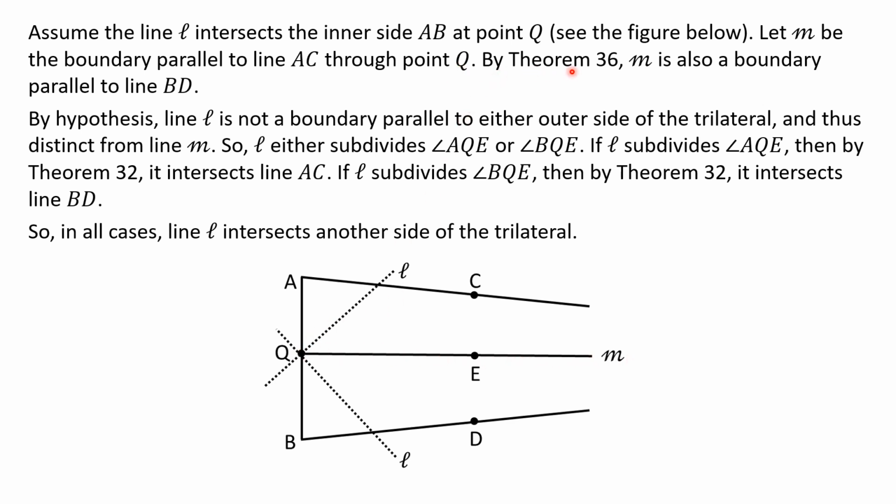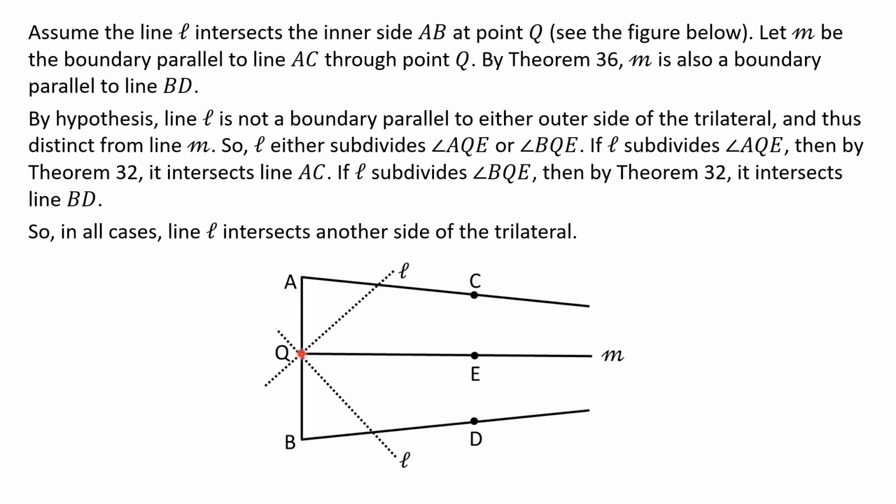By theorem 36, M is also a boundary parallel to BD. Remember, that was the transitive property we talked about in the last lesson. By hypothesis, line L is not a boundary parallel to either outer side of the trilateral, and thus distinct from M.